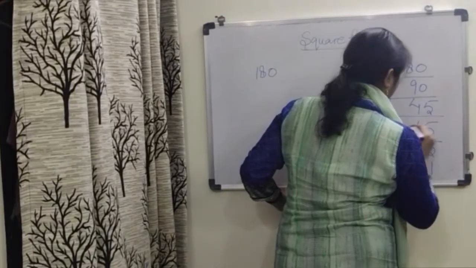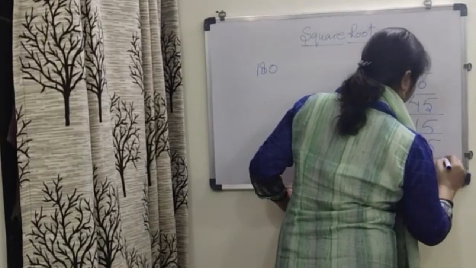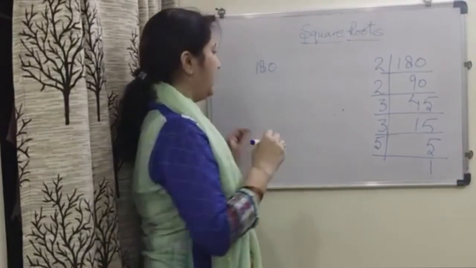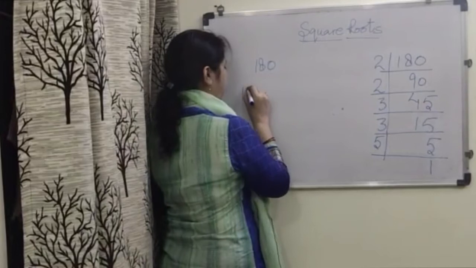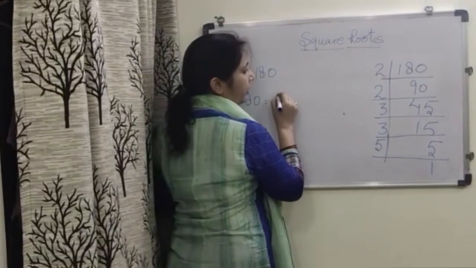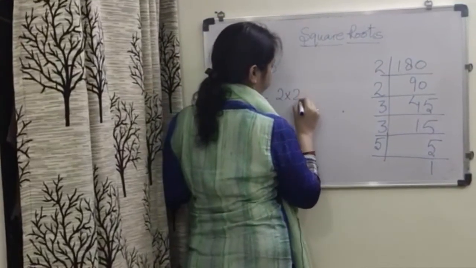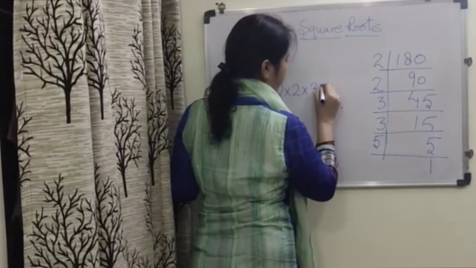Here is the prime factorization of 180. Let's express our number 180 as the product of its prime factors. Expressed. Very nice.